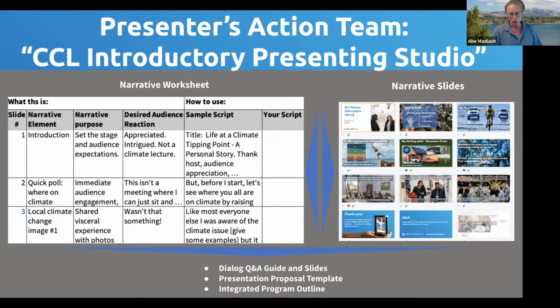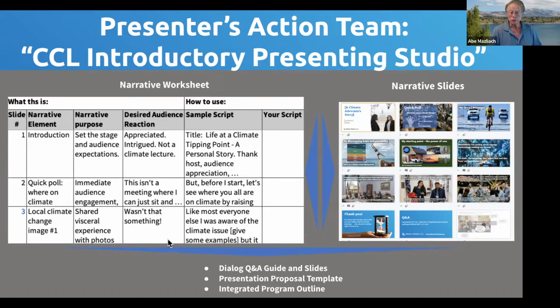the other way around. We want to provide you with a studio to help you conceive and develop your personal climate story. The studio consists of a narrative worksheet as a template to build your presentation. I don't expect you to be reading the details of what you're seeing on the left, but there's your worksheet that you can use.